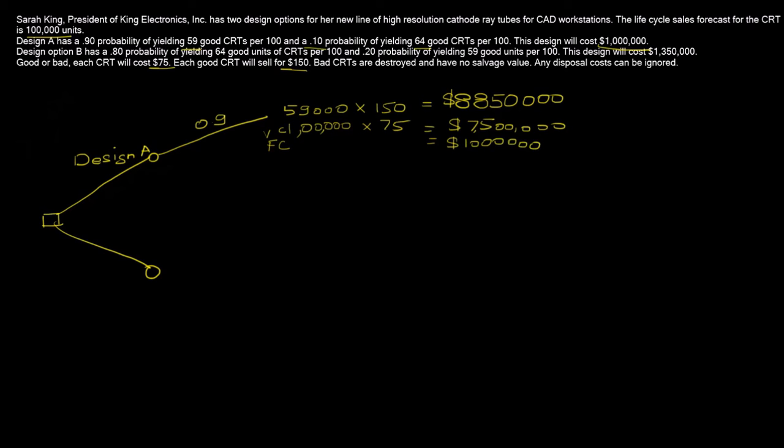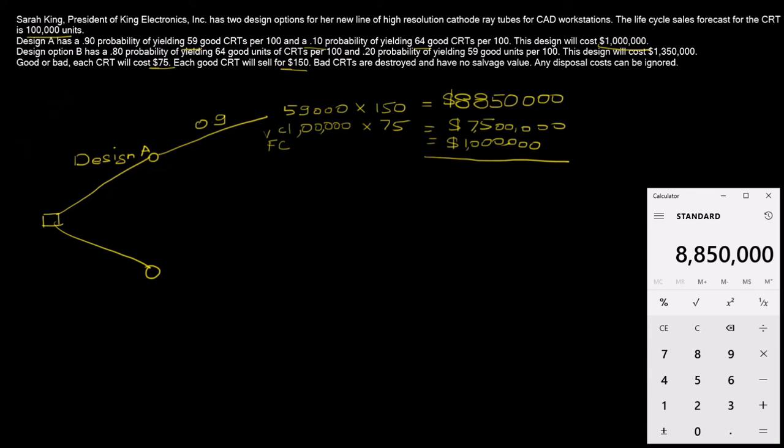So now the net cash flows if the 90% probability actually occurs is going to be 8,850,000 minus 7.5 million minus 1 million. So that's 350,000. That's what we're going to be left with.